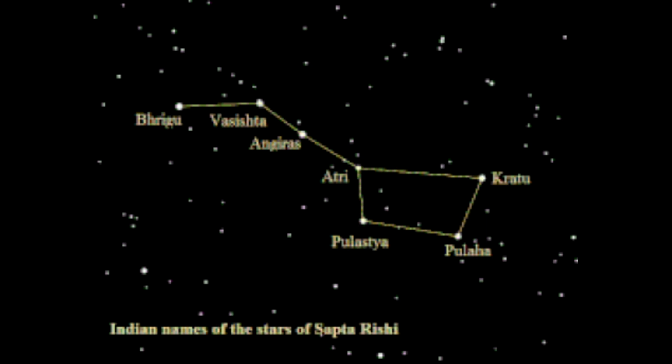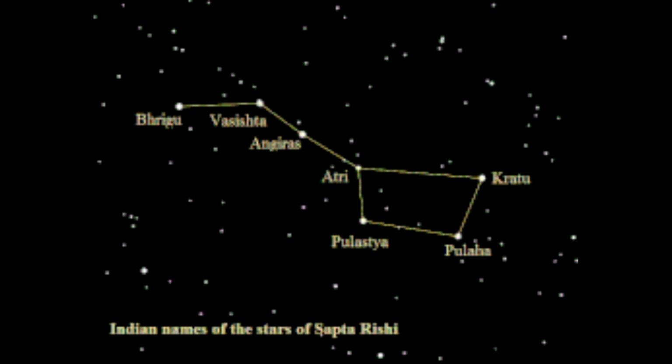The group of stars is known as a constellation. That is, the stars in the sky are assumed as dots. We assume the stars as dots, and when we join these dots, we get different shapes.